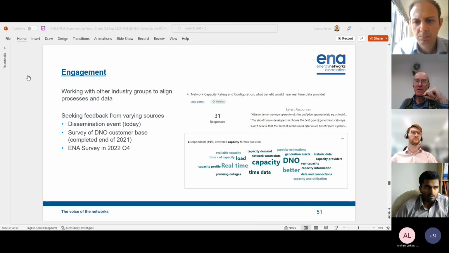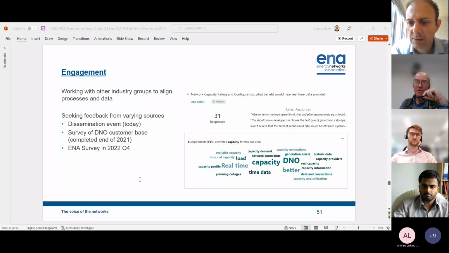I did see one pop up there. Thanks, Malcolm. Yeah, there's a question. I think it's more of a comment. In terms of standardization, whatever the format, the date time is helpful if it is in an ISO 8601 or RFC 3339 format.